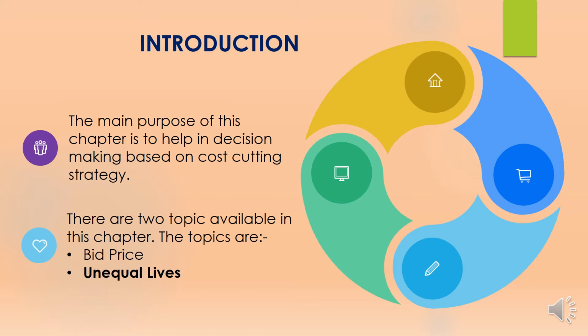This video focuses more on the topic unequal life of the project, which involves calculating the amount of cost of two different projects. Based on the amounts of the cost, you will come out with a decision to choose the best project.